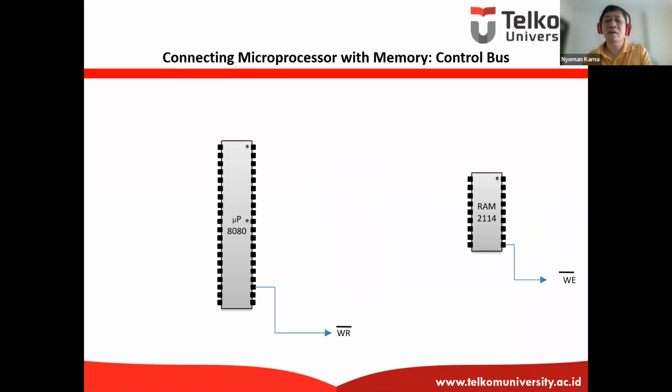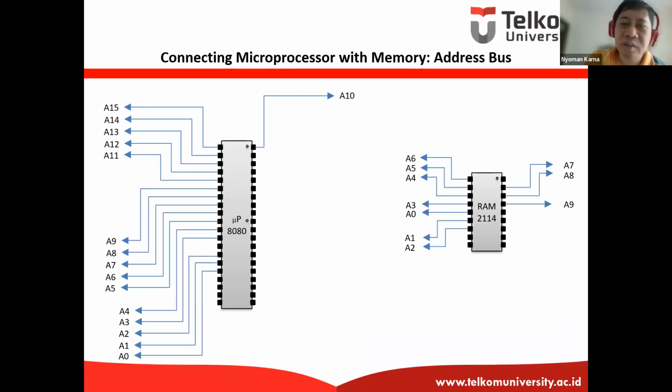Now, how about the control bus? The 8080 has the write signal, which is active low, and the RAM itself also has write enable, which is also active low. Active low means to make it active, we give 0 volts or ground. So active when low voltage. Because both are active low, we can just directly connect the write signal from the microprocessor to the write enable of the memory.